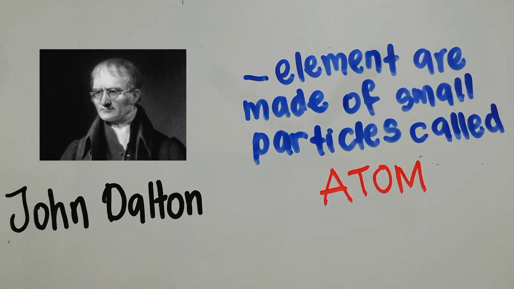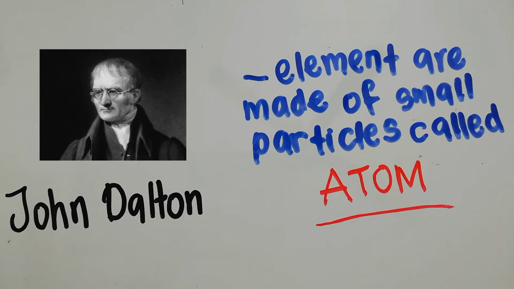The first theory is that John Dalton said that elements are made of small particles called atoms. I put atom on the right because whenever you see atom, it is the keyword for John Dalton. If you see a question and you see the keyword atom, that means the answer is John Dalton.